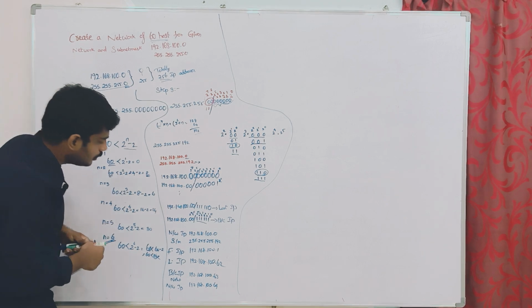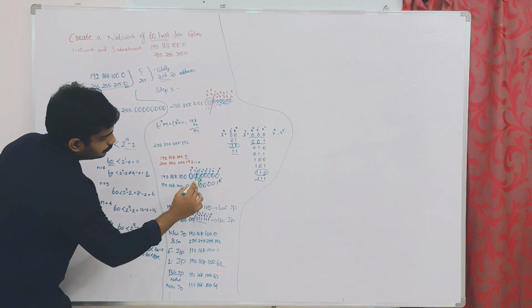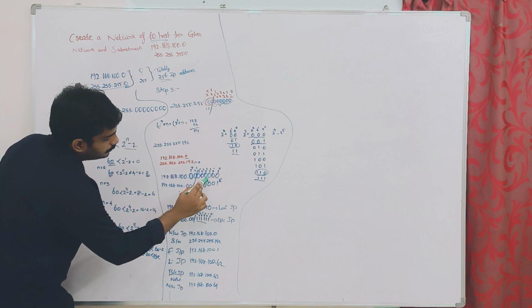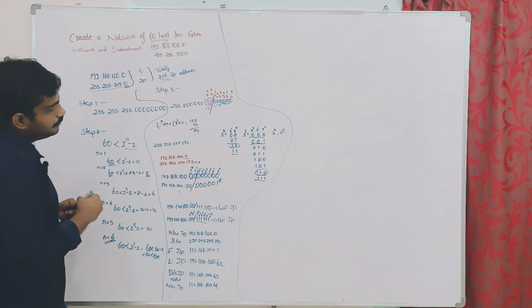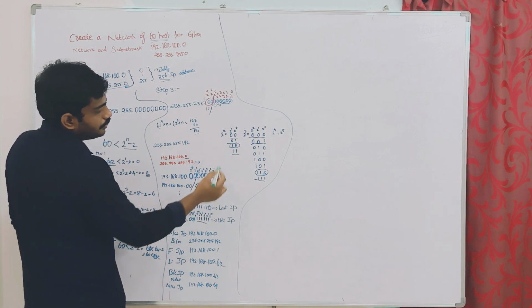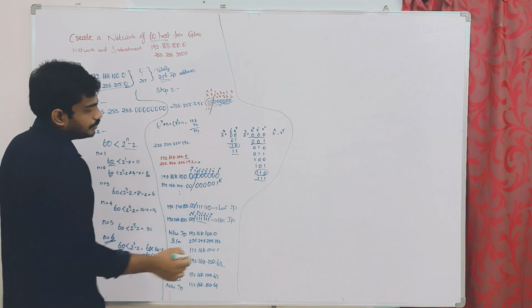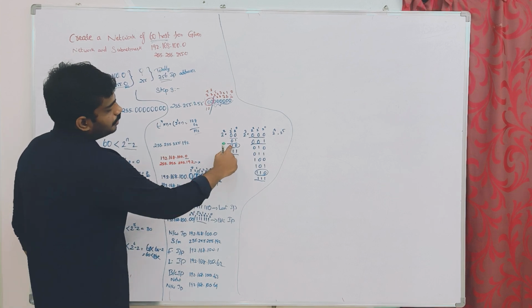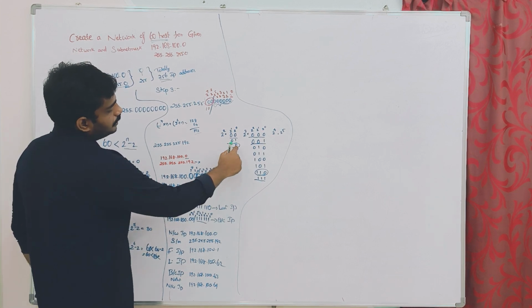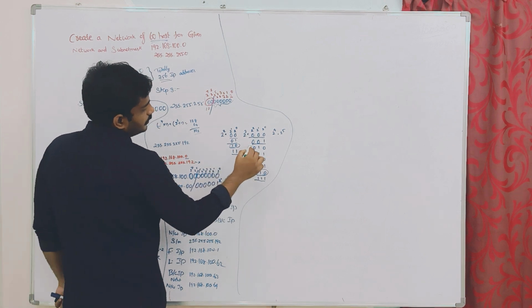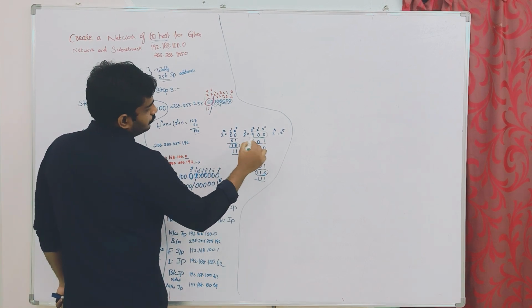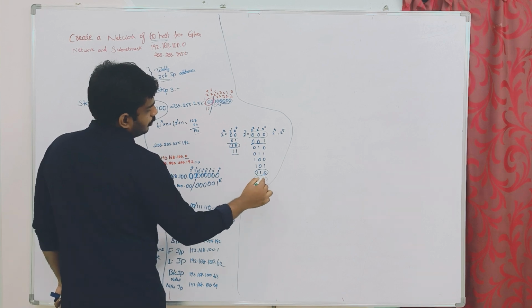Now, from the start we will make 0 0 0 0 0. If you have any doubt, you can write it like this and understand. The first is 0 1, the last IP is 1 0, and it always starts with 0 0 and always ends with 1 1 1.